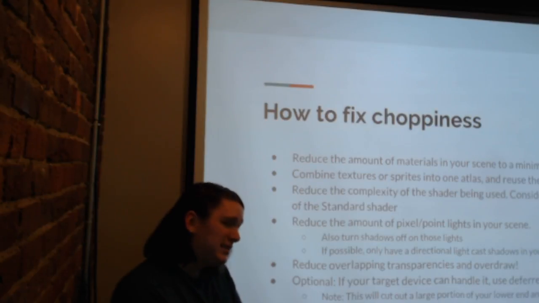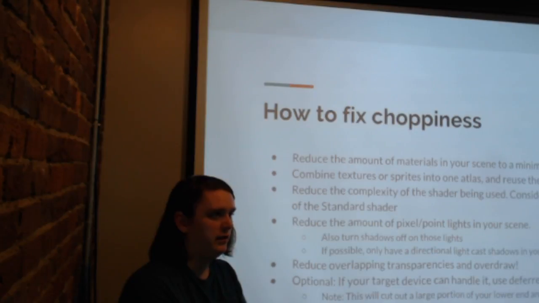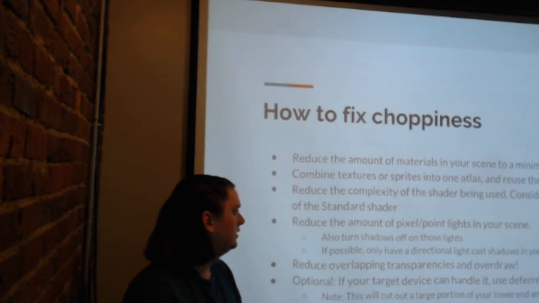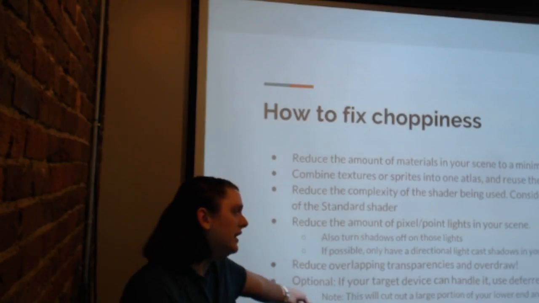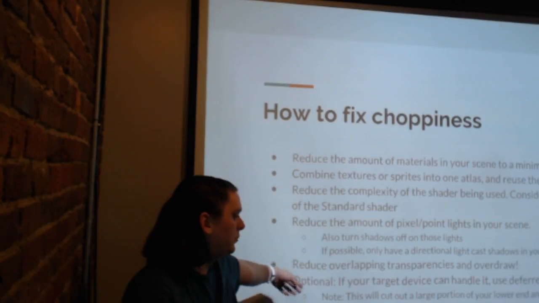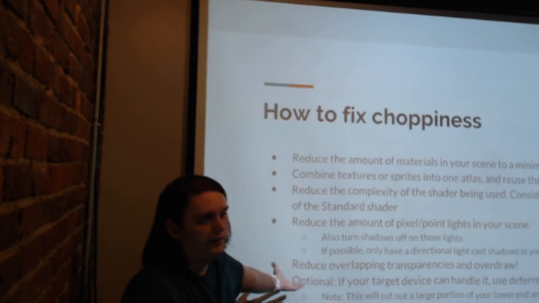Newer iPads support it, but I would generally try to avoid it because you're going to end up not having it on the lower end, and then you have to optimize for 2 different rendering types. So I think that's everything there. Just think of deferred rendering as: you can use more lights and the performance is more predictable, but you cut out lower end devices.